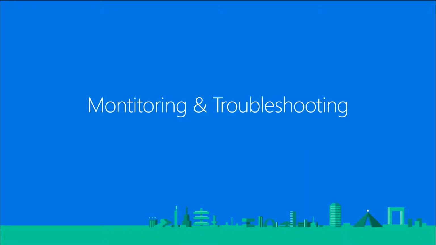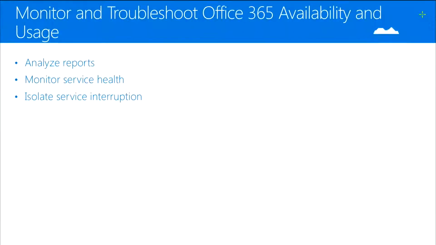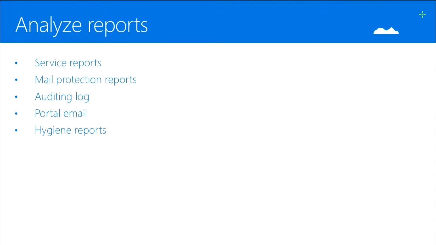So finally, we come to a little section on monitoring and troubleshooting. So, of course, very important that you need to know how to get support for Office 365, monitor the service health of the system, isolate potential service disruptions. And again, you can go in and you can view the various reports.